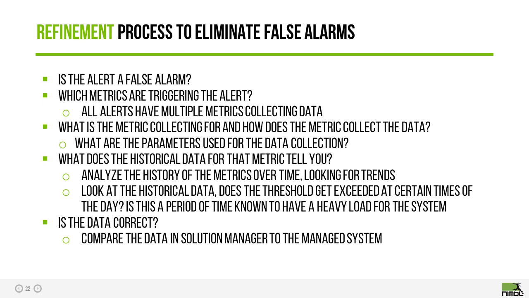What is the specific data set that you're monitoring? How is that data being collected? Is that data correct? If the data is correct, what does the historical data tell you? You can go into the technical monitoring UI and take a look at the historical data that I mentioned earlier, and look at my daily values throughout the week, previous weeks. That'll give me information on what thresholds I should change it to.